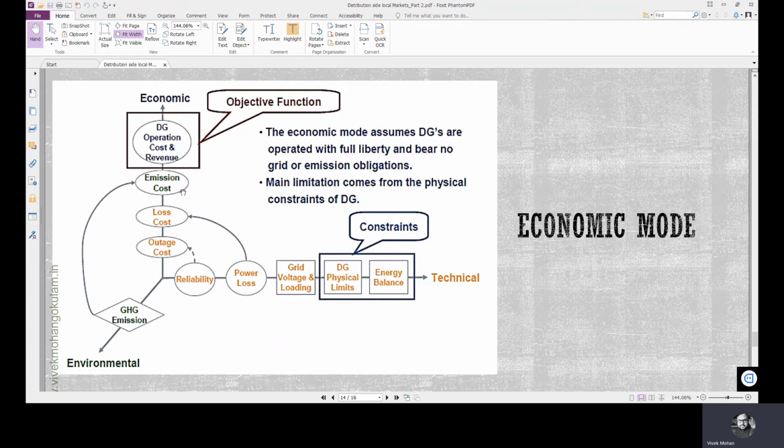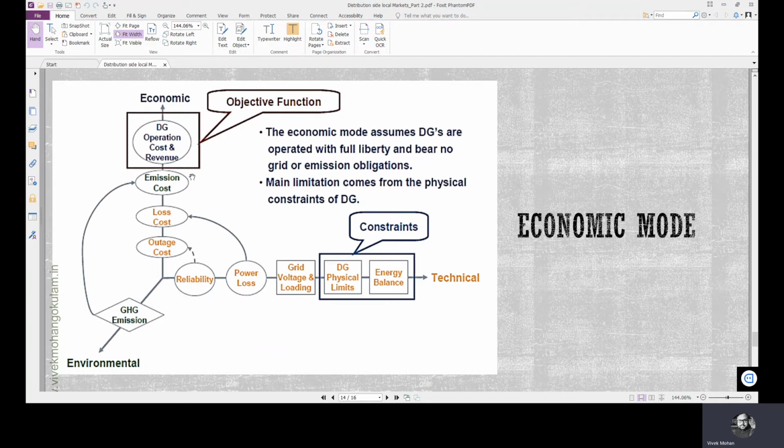Okay. Now, so here emission cost is included. So if environmental objective is there, it should be encouraged using some incentive, right? Based on carbon emission, if there is a cost for emission, then the use of renewable energy sources could be encouraged.